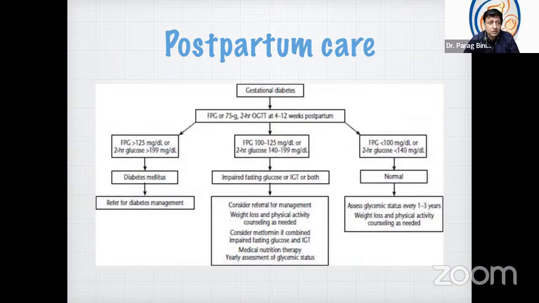If the fasting value is more than 125 and the 2-hour post glucose is more than 199, we know that she is now overt diabetic and needs care by a diabetologist. And if the values are in between, we have to consider referral for management, and medical nutrition therapy is extremely important in these women.